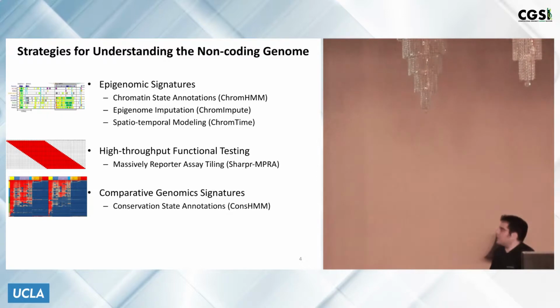In my work, I've looked at this problem from a number of different angles. One is using epigenomic data. Another is leveraging high throughput functional testing data, such as from massively parallel reporter assays. And a third strategy is based on comparative genomics analysis.